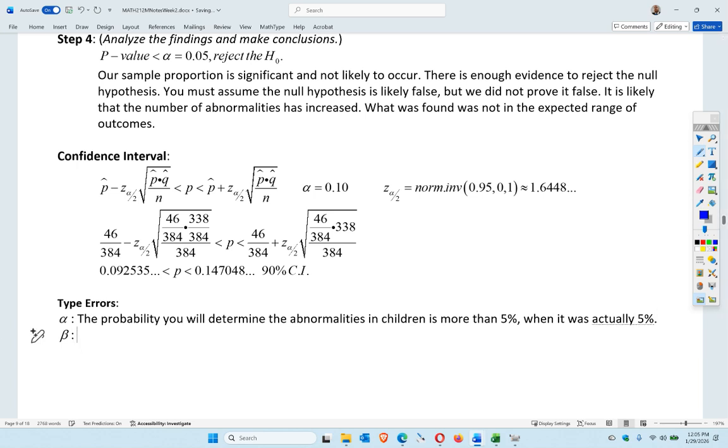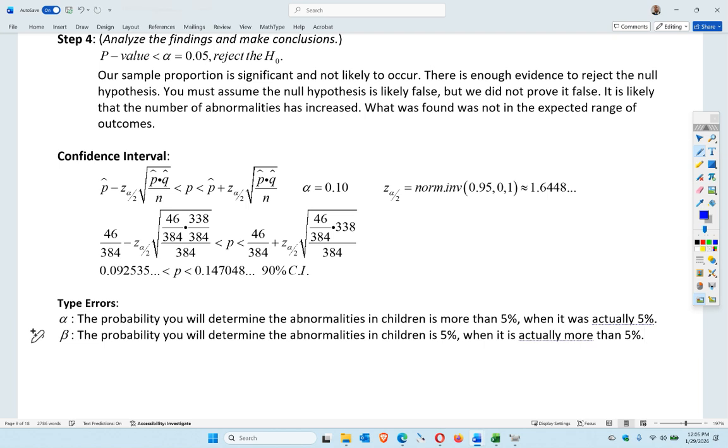And beta is the other, which would be the probability you will determine the abnormalities in children is 5% when it is actually more than 5%, which means we failed, which means our hypothesis and our confidence interval failed, basically, right? Neither one of these cases, type 2 or type 1.